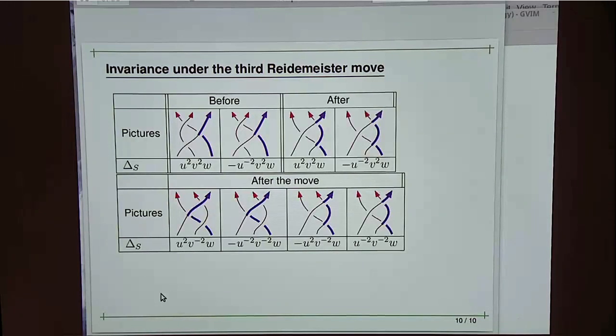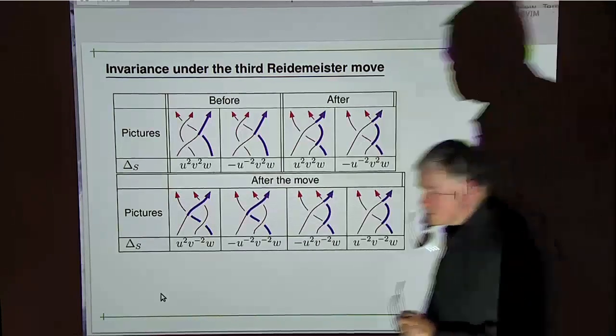So we need to define which are adjacent to which. Here, all necessary adjacencies already appeared. Let me switch here to the language of virtual diagrams, Gauss diagrams.